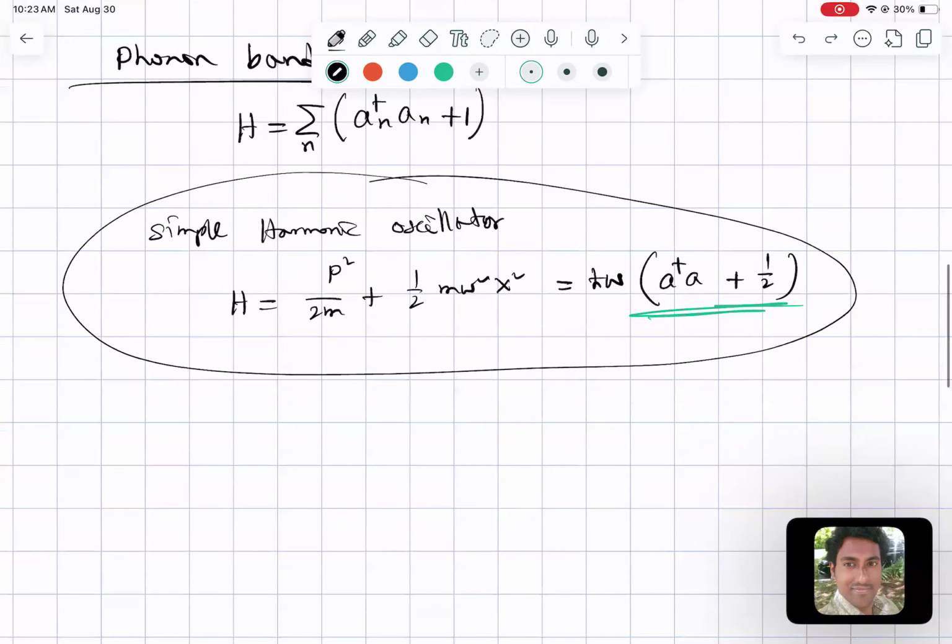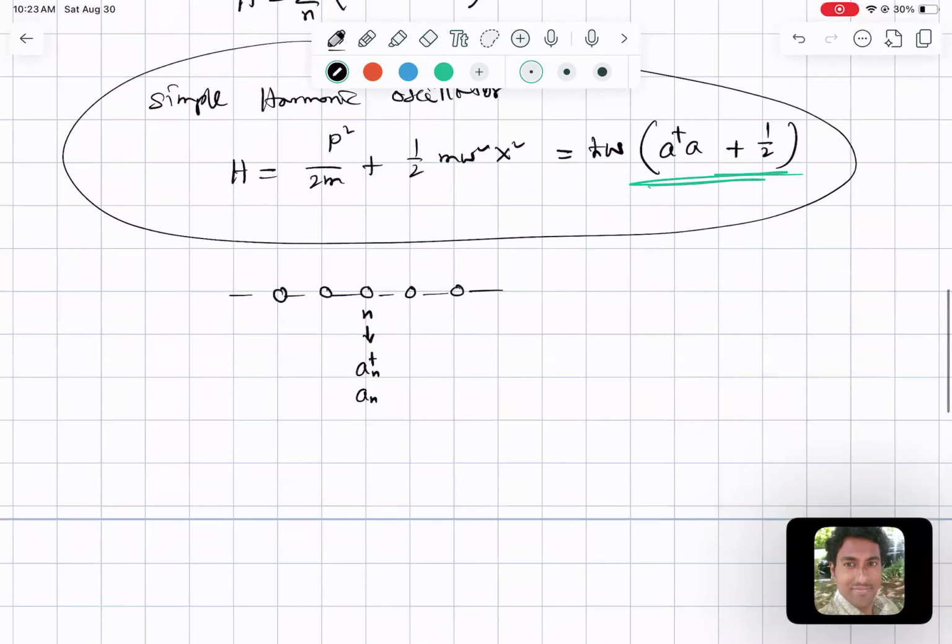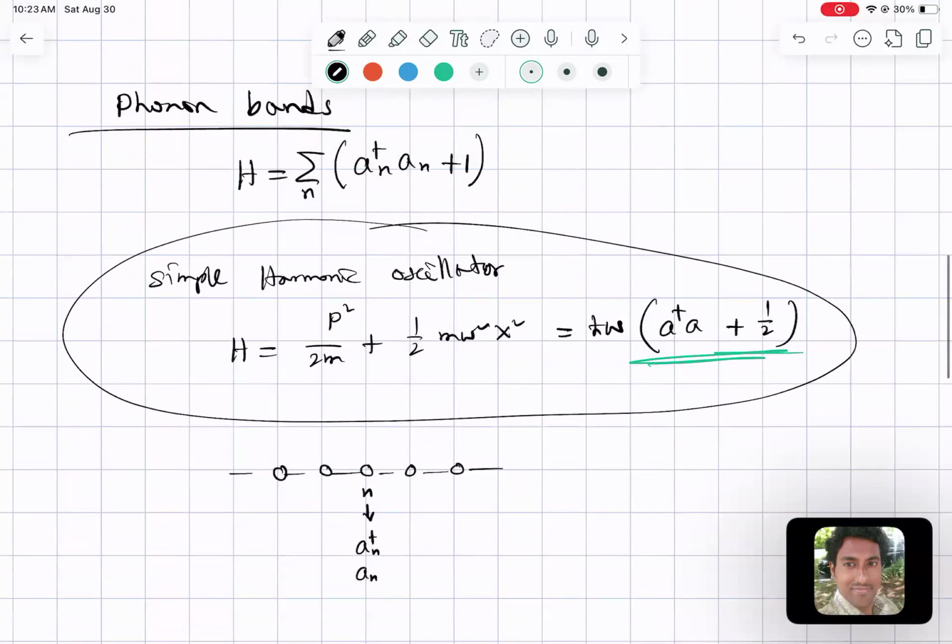So instead of one, you have many harmonic oscillators, a chain. For each of these, so this is the nth harmonic oscillator, you have a dagger and a for that nth oscillator, and the Hamiltonian for that case would be the sum of all those a dagger a, right?